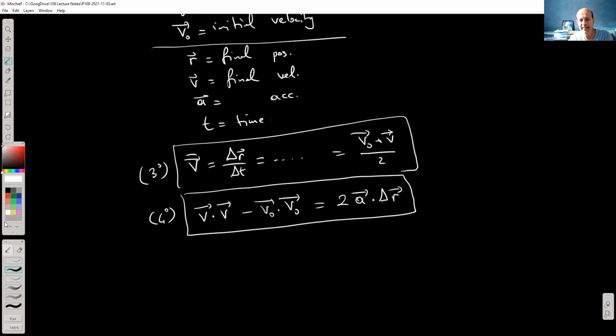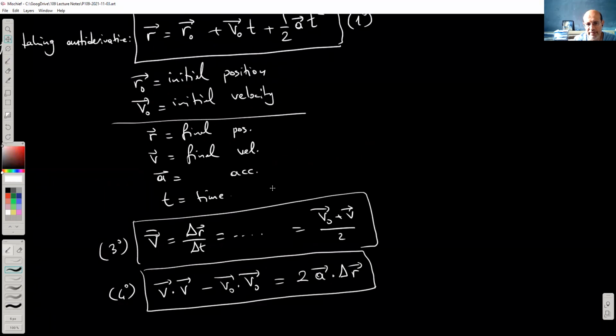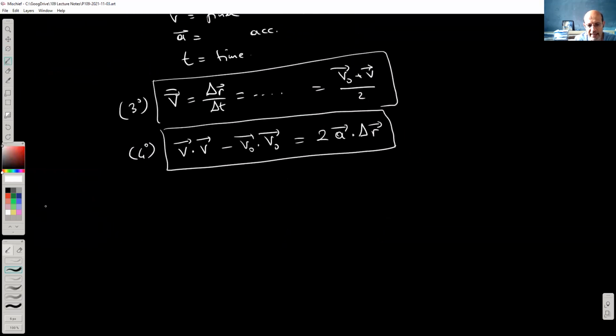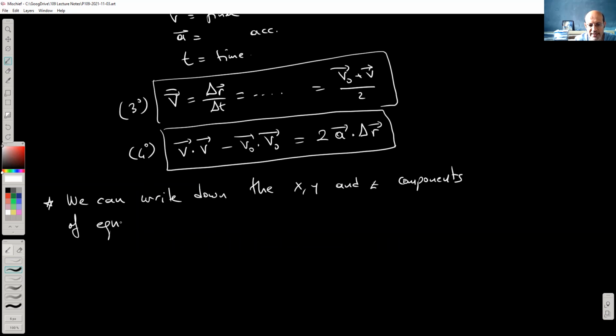However, there's something in here, right? Especially, I'm just going to write it down like that. We can write down the X, Y, and Z components of equations 1, 2, and 3.